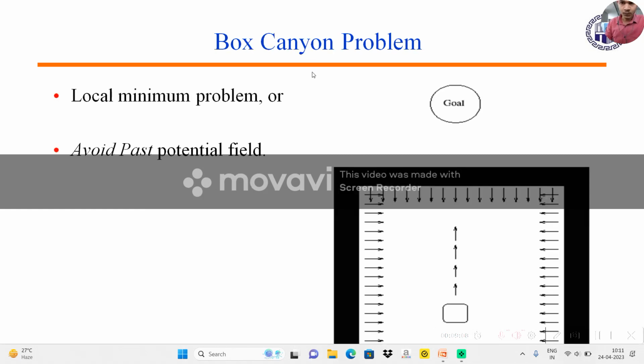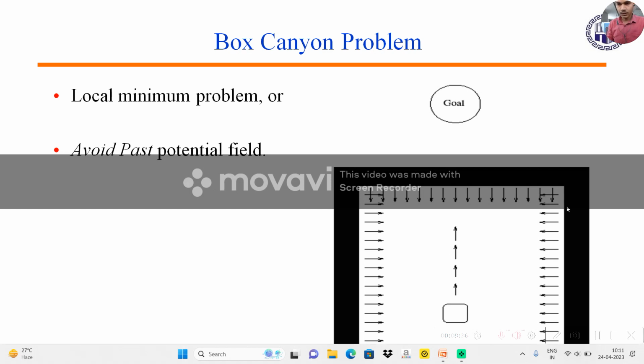Box canyon problem. Suppose that the robot somehow reached this box. These are the obstacles which exert the repulsive forces on the robot, and the robot tries to reach the goal. There is no chance that it can reach the goal, and it may also not escape from this box.